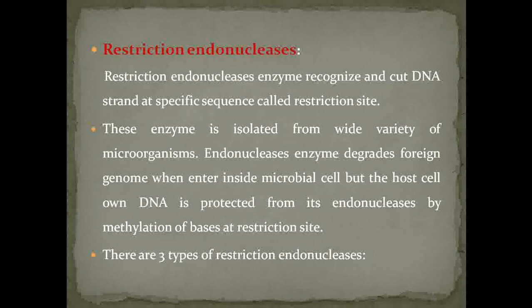Now the question is: if restriction endonucleases are isolated from bacteria, why can't the bacterial genetic material be cut by them? The bacterial genome shows a special property known as methylation.